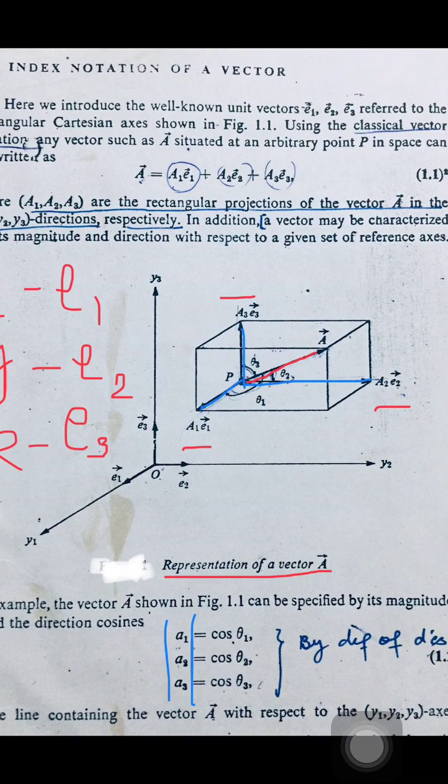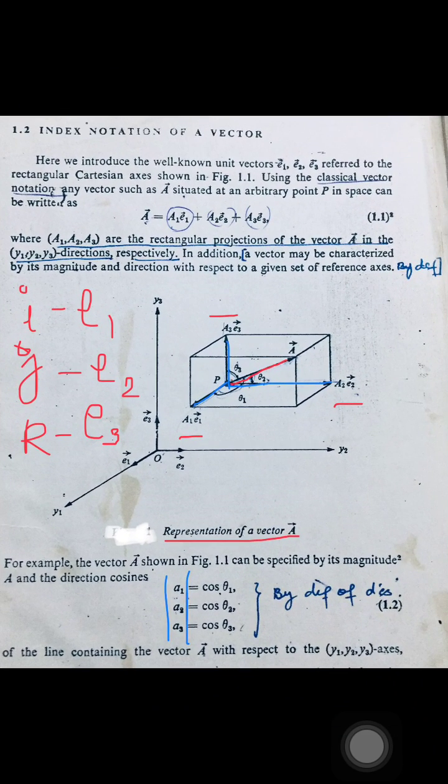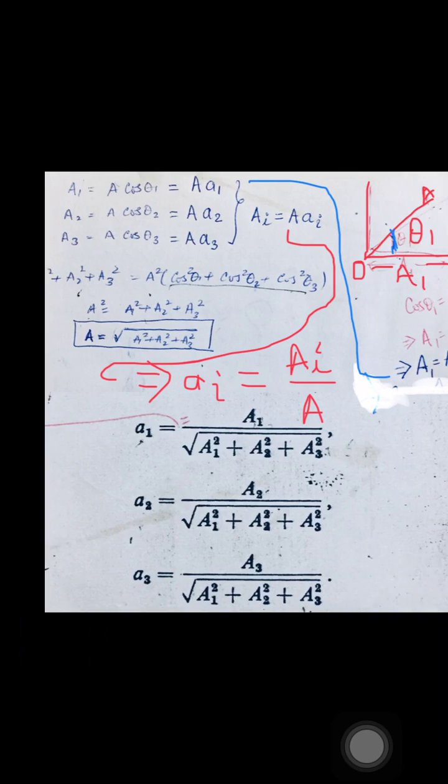Similarly, small a3 is the direction cosine with the third axis, that is cos theta 3. So small a1, a2, a3 are the direction cosines which we use in the next slides. This is important. So this is a simple diagrammatic representation of a vector.